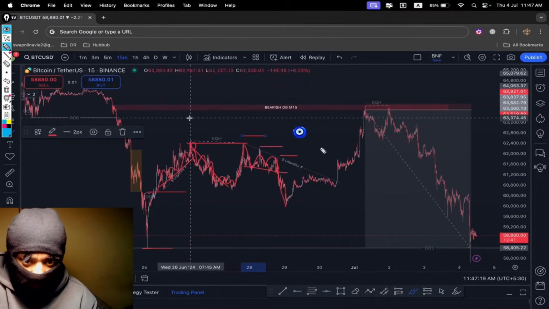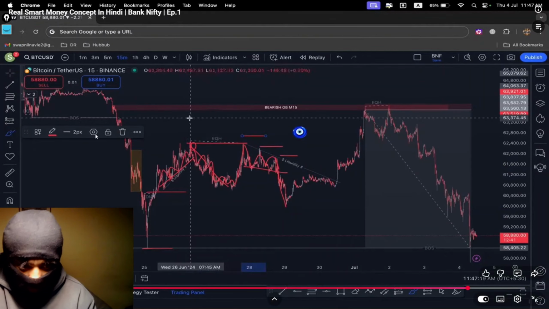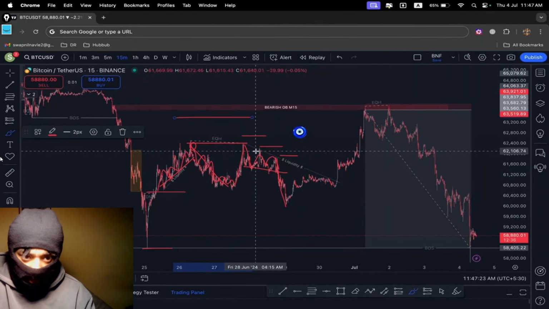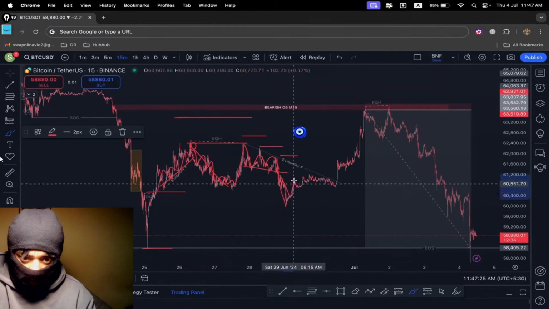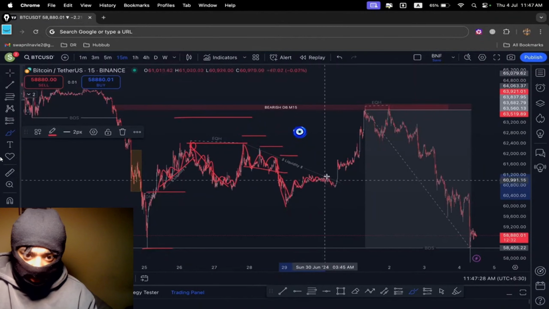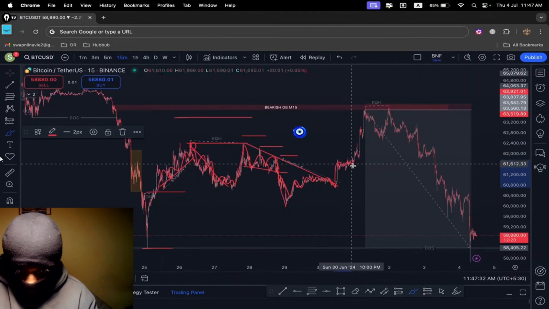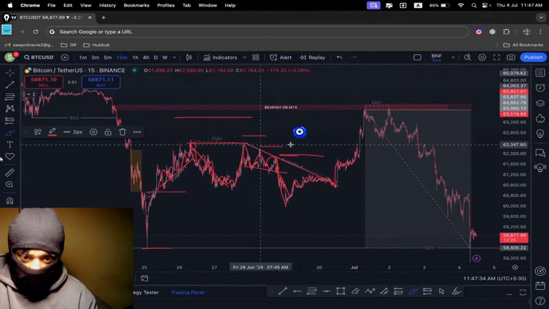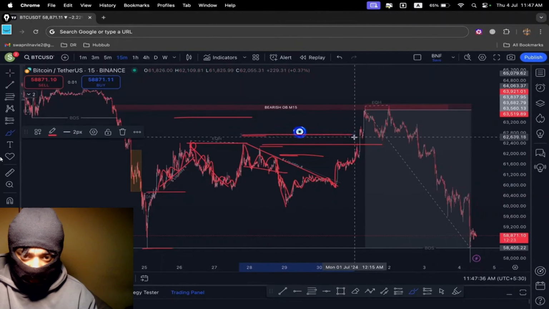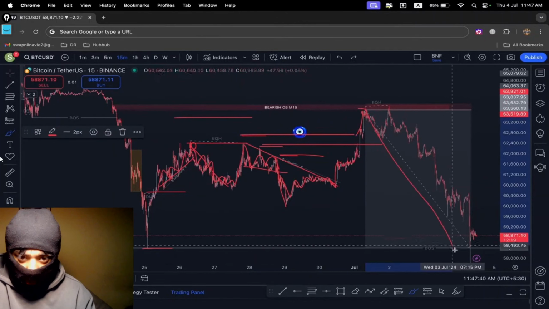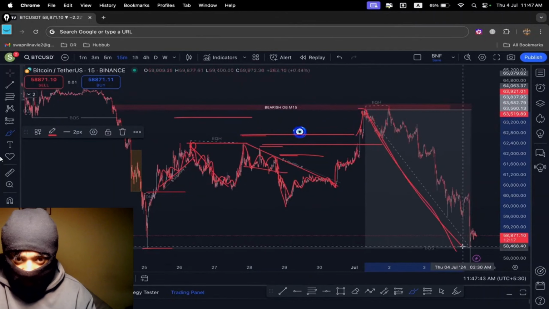A matter of 10 minutes. As you can see, he is basically explaining right now how the market took all the sell stop losses.